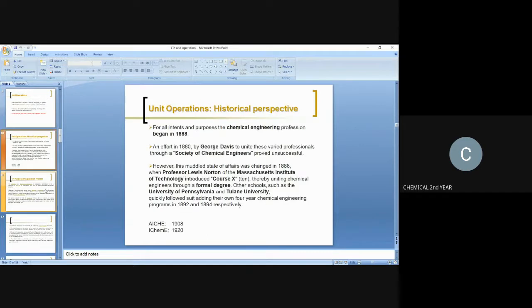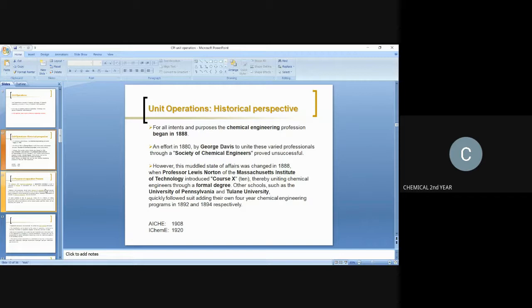Unit operations, historical perspective. For all intents and purposes, the chemical engineering profession began in 1888. An effort in 1880 by George Davis to unite these varied professionals into a Society of Chemical Engineers proved unsuccessful.